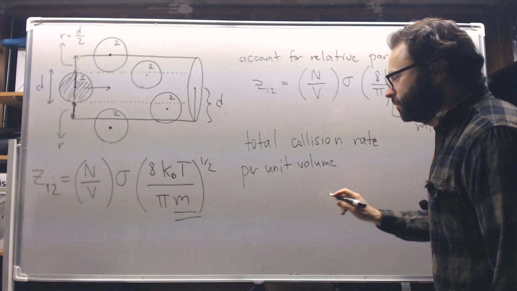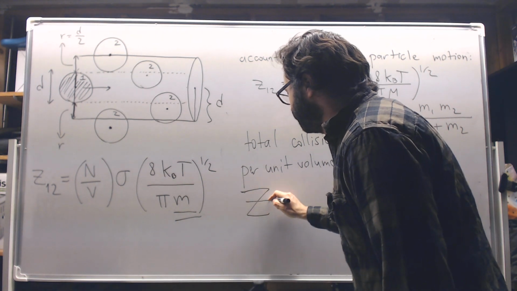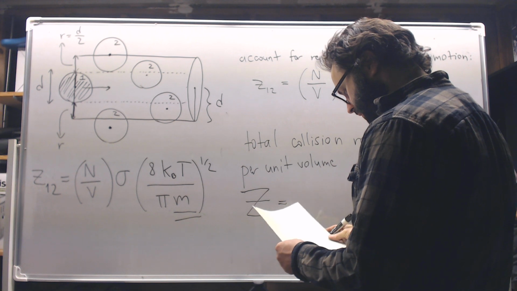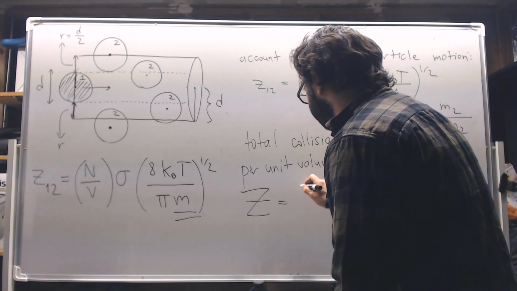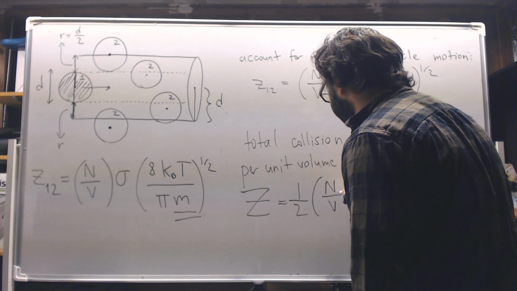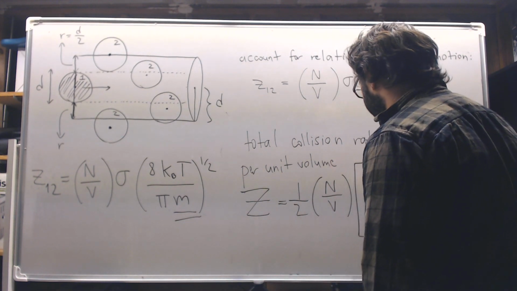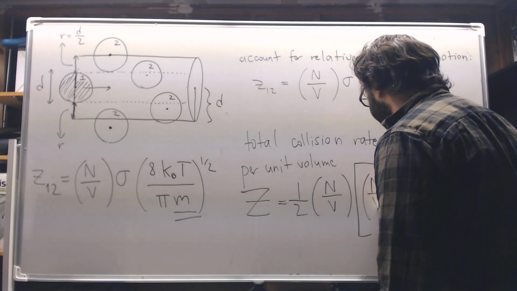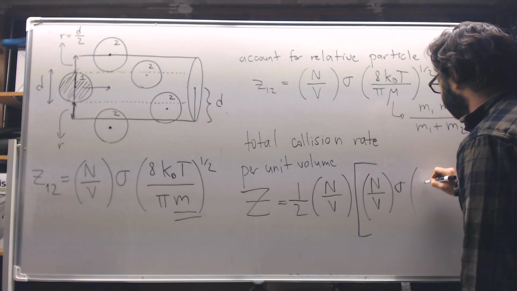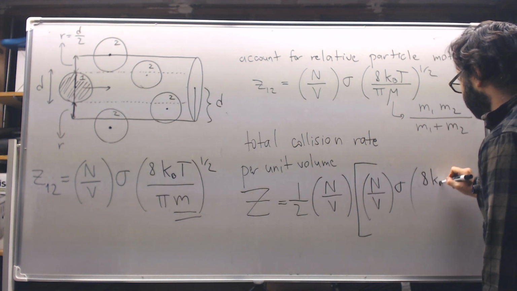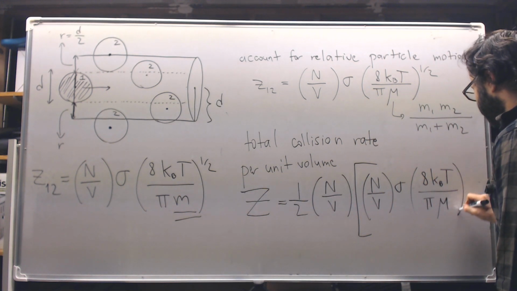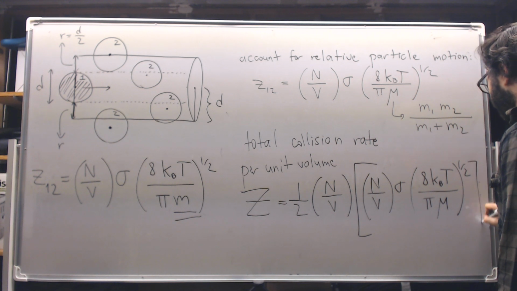This quantity is usually given the letter big Z, and this looks like, make sure I get this right, 1/2 n over v, and I'll explain why I'm writing it like this, n over v times sigma times 8 kB T over pi mu to the 1/2 power.